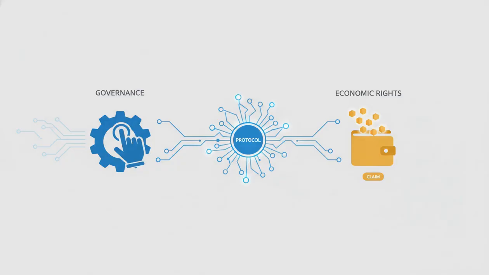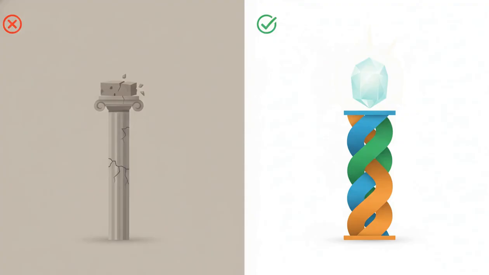And the third is economic rights, which is the right to claim a piece of the value the system creates. Now, a common mistake is to just pick one and build around it. But the models I see succeed, the ones that create lasting value, don't just pick one. They intelligently weave all 3 together. They reinforce each other to create something truly robust.